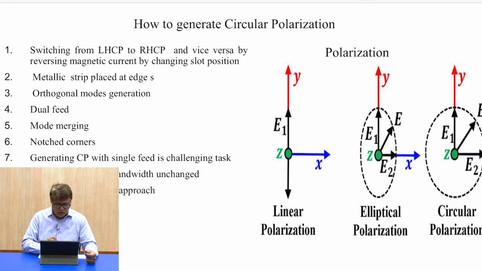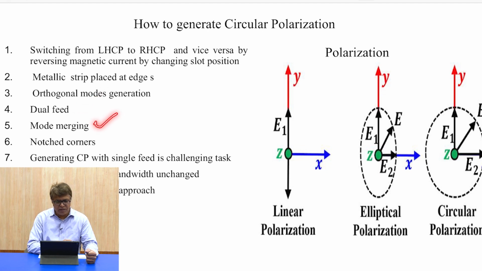Let us see how. Point 1 says switching from LHCP to RHCP or vice versa by reversing the magnetic current by changing the slot position. This is one technique. A metallic strip placed at the edges is the second technique. Orthogonal mode generation is another technique. Dual feed characteristics is another technique.